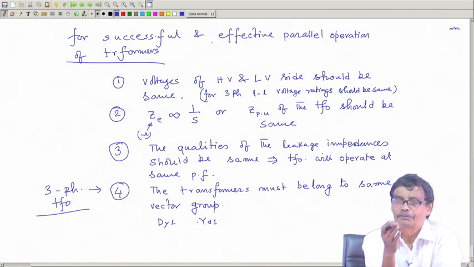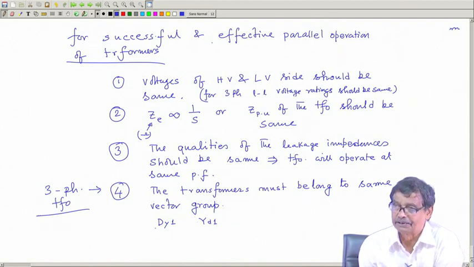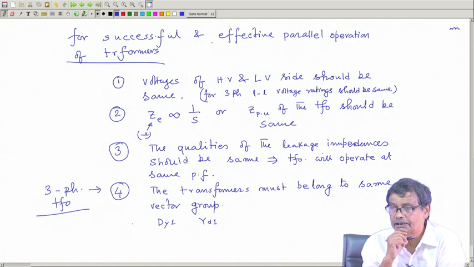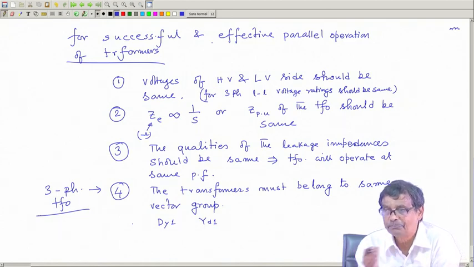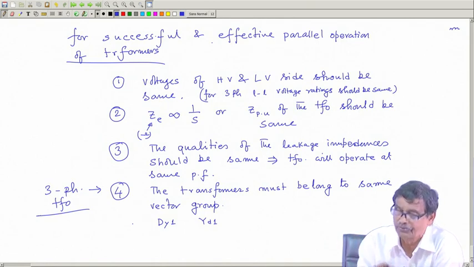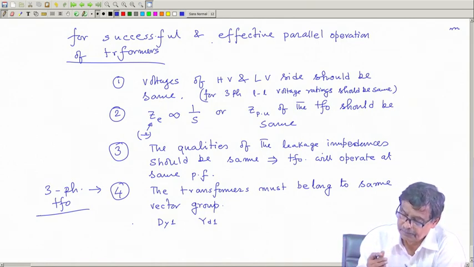Of course, see, primary you have applied a voltage, it is getting shifted, both phase and line to line voltage get shifted by some angle of 30 degree or so. But primaries will be connected in parallel, secondaries will be connected in parallel, and they must be shifted by the same angle, then only the voltages, magnitudes of course will be same, and then paralleling can be done successfully.